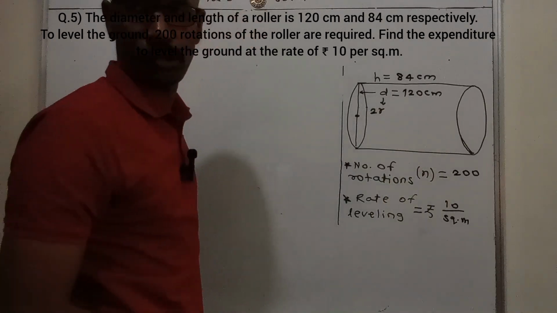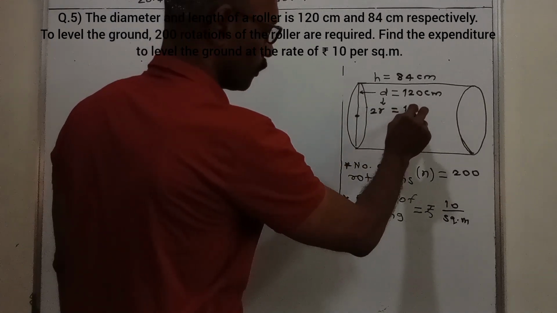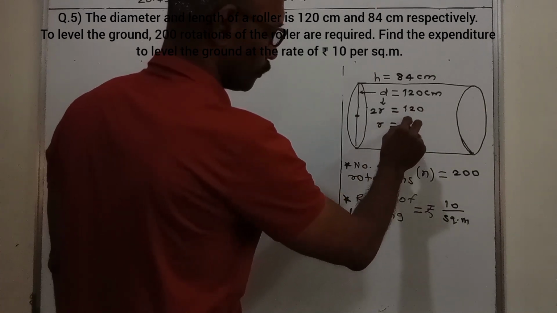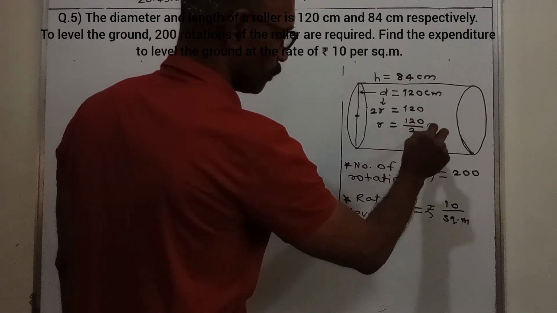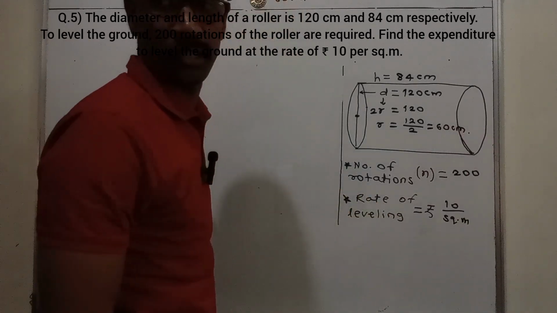Diameter D is equal to 2r is equal to 120. R is equal to 120 upon 2 is equal to 60 centimeter.